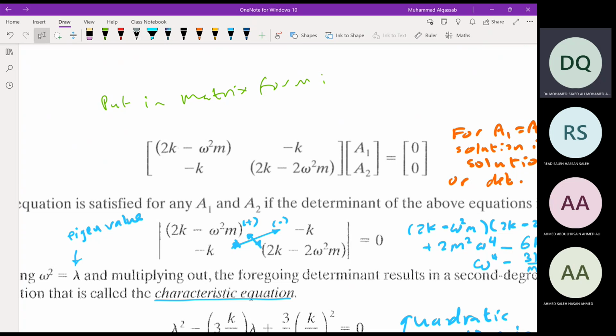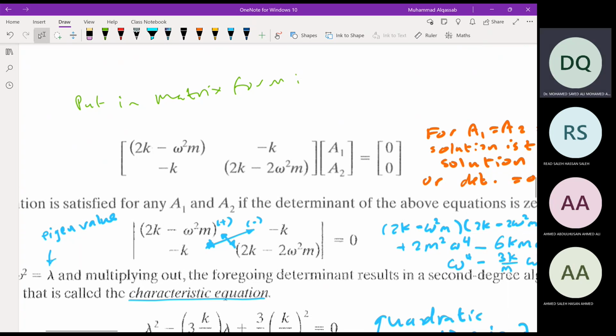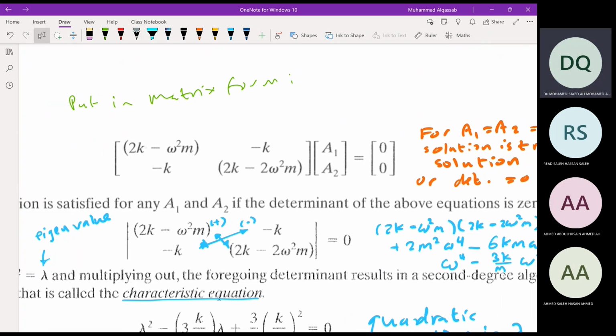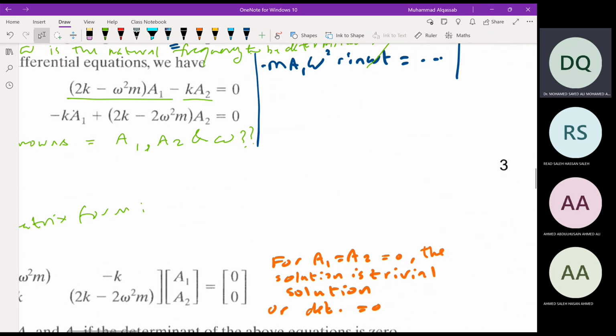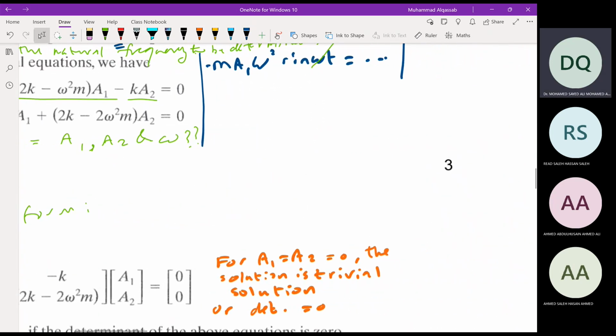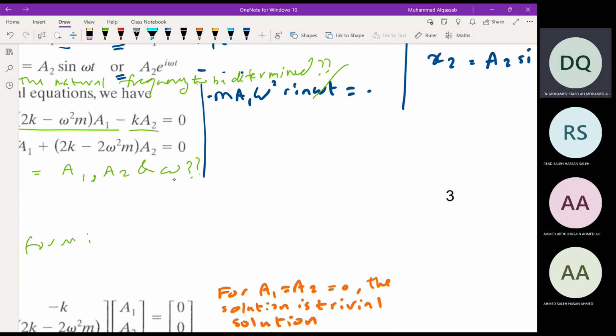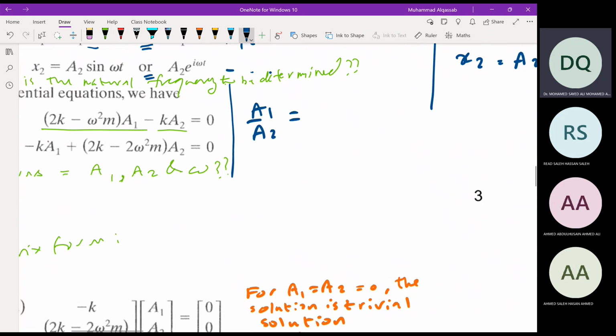So what you can do, from those 2 equations, find the ratio of A1 and A2. A1 over A2 from the first equation equals K over 2K minus omega square m.